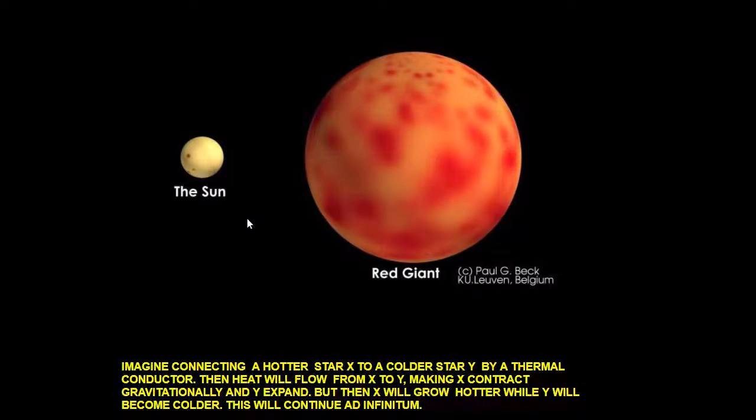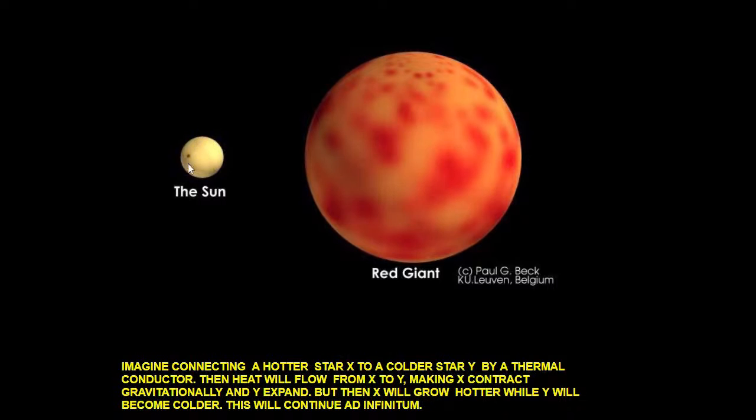We all know from our school level physics and from our experience that heat flows from hotter object to cooler object. Okay? So if I connect the photosphere of our sun to the surface of a red giant star, which is cooler, heat will flow from sun to the red giant.